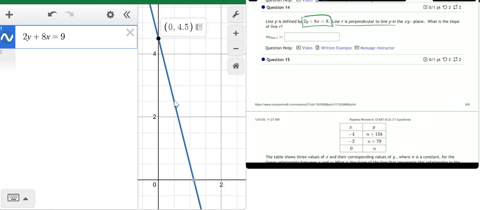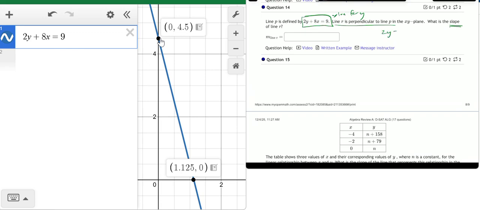Notice here and here, oops. If you wanted to, you could work through to find the slope of those. Notice this isn't the easiest, it's not the cleanest form. So the better way to find slope is to do it by hand, and that is just solve for y.